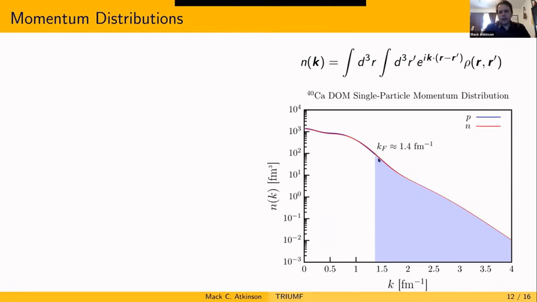So highlighted in blue here corresponds to momentum above about 270 MeV or 1.4 inverse Fermi, which corresponds to sort of high momentum content, what's beyond the sort of Fermi surface in the nuclear matter picture. And what's important here is that there's a non-negligible fraction of high momentum content in calcium-40.